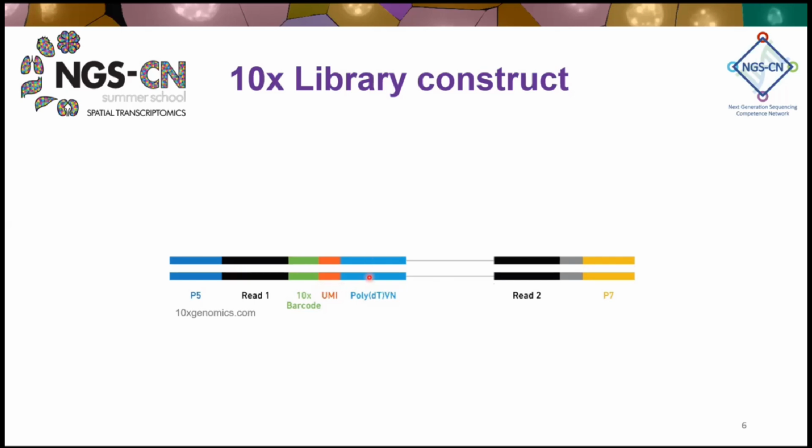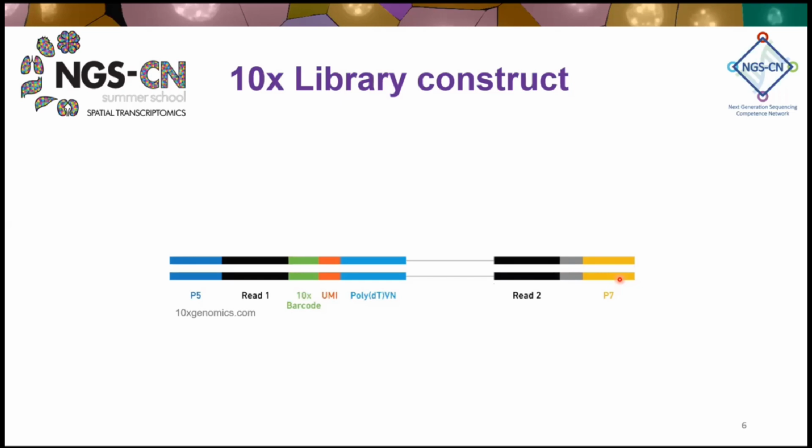You have a poly-dT region, which I will tell you about later. And here we have the transcript. This is the information you're interested in. And finally, you have the sequencing primer for the second read, a barcode to identify the samples, and the P7, which is another grafting part that attaches to the flow cell.